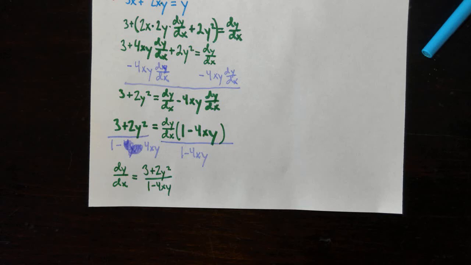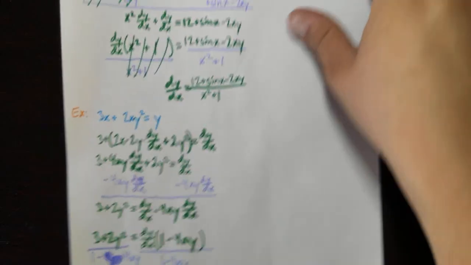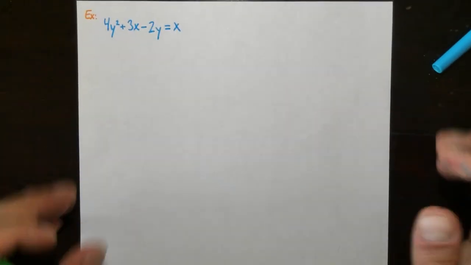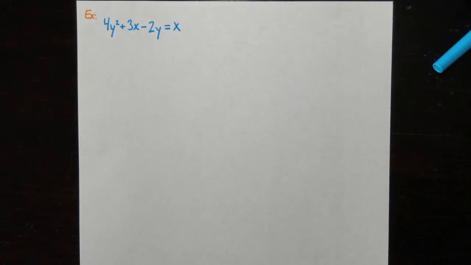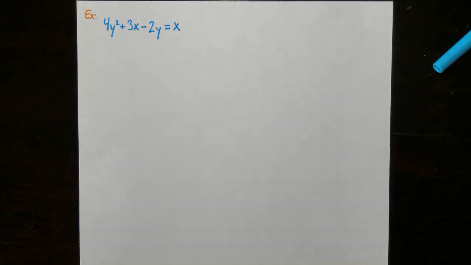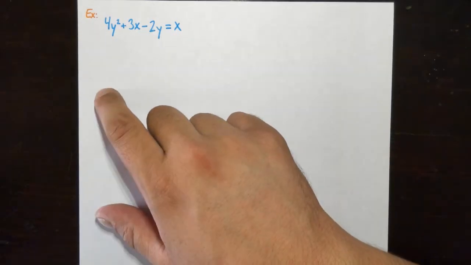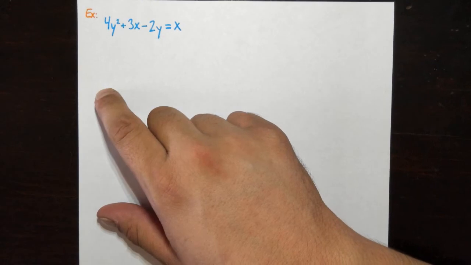Let's go over one more example here while I have your attention. All right. So now we have 4y squared plus 3x minus 2y equals x. And we're going to want to take the derivative of each term with respect to x.